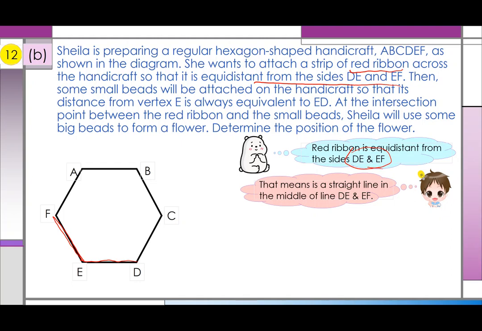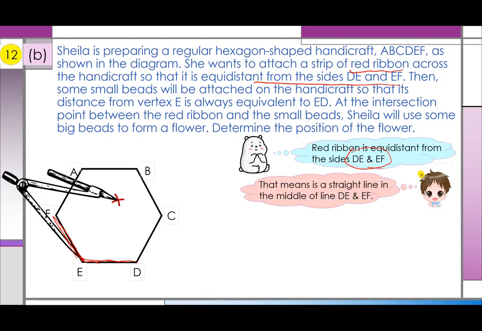You see two intersecting lines, so I want to find the angle bisector, a straight line in the middle of DE and EF. For the middle line, you need to use your compass up and down.